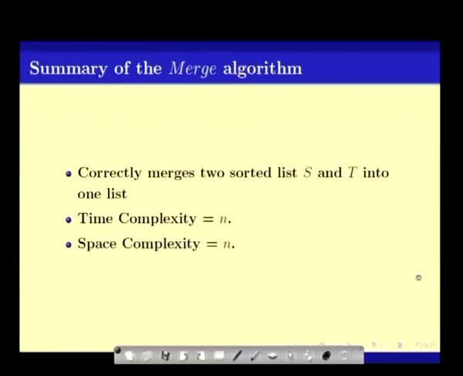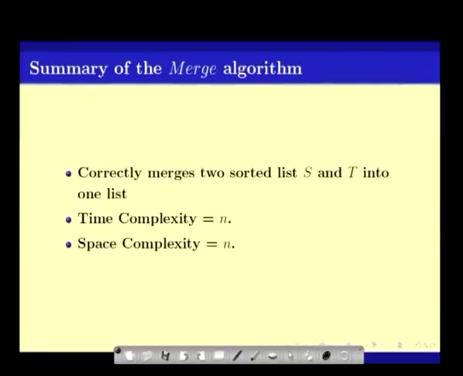The space complexity will also be n, because when we merge these two lists, we have to output the merged list into a new place, wherever we are storing those numbers. So, this array has to be maintained, and thus the space complexity of this algorithm is n.